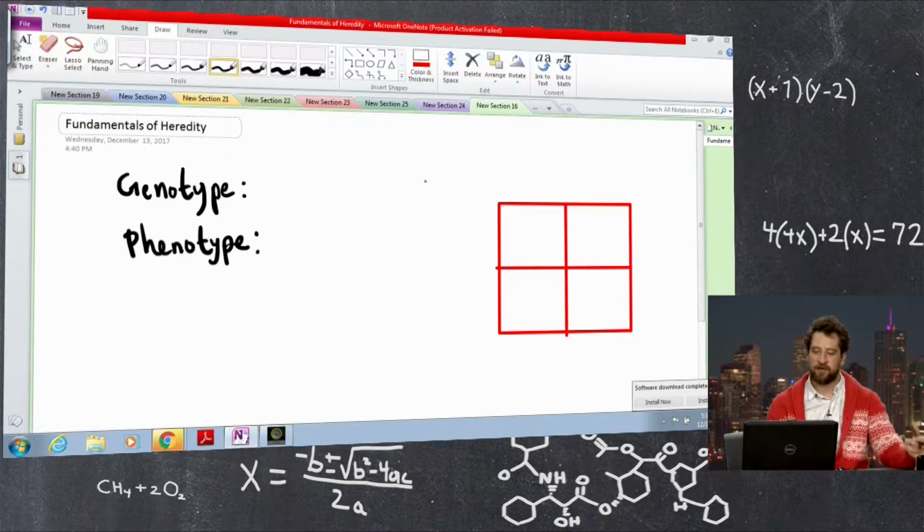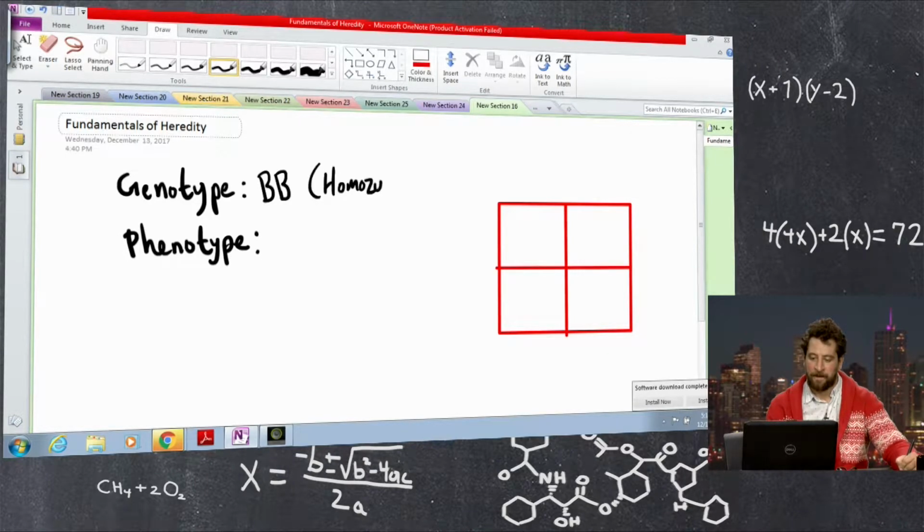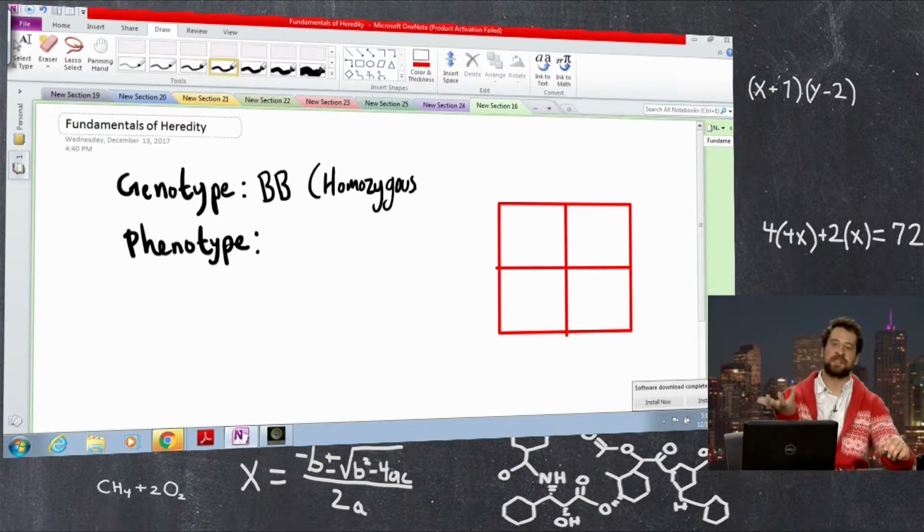So another genotype could be that the person has both dominant genes. Maybe their mother and their father provided two dominant brown genes. In this case, we would say that the person's genotype is homozygous. Now, homozygous is almost that same word as heterozygous. It's got the main root zygous, but homo means same, whereas hetero means different. So a homozygous genotype is I've got two of the same allele.